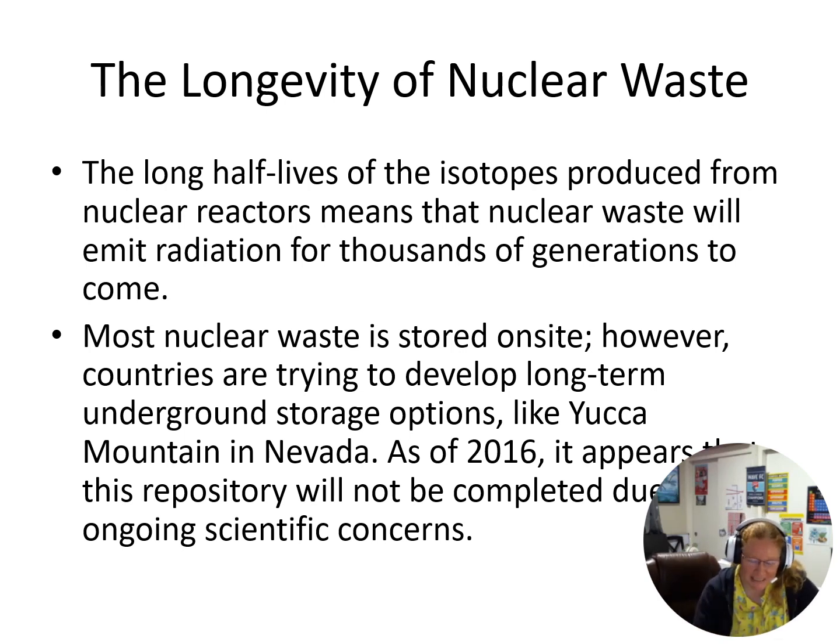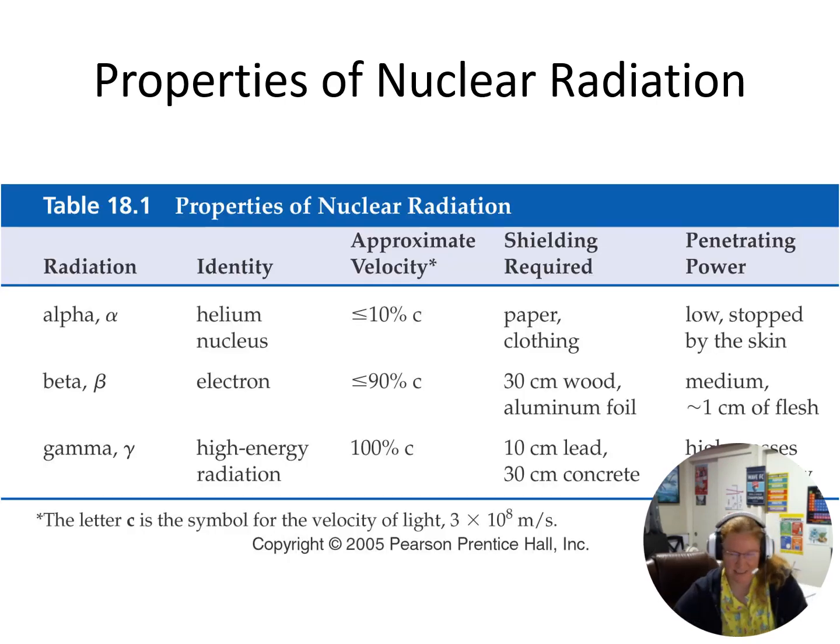Because when we look at radiation, different types of radiation penetrate differently. Alpha particles don't need a whole lot of shielding. They get stopped very, very readily. Beta particles need a little bit more shielding, so they can penetrate a little bit into our flesh. But gamma rays are high energy.